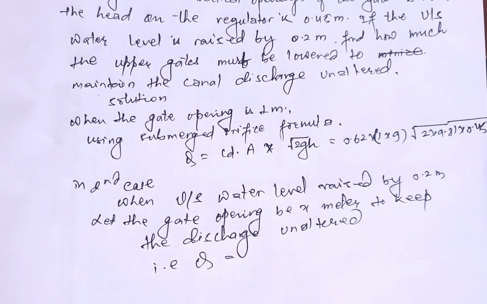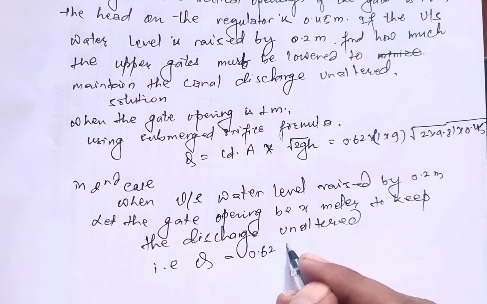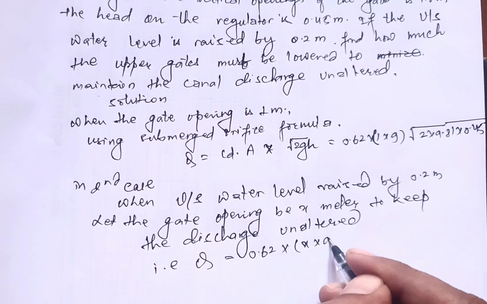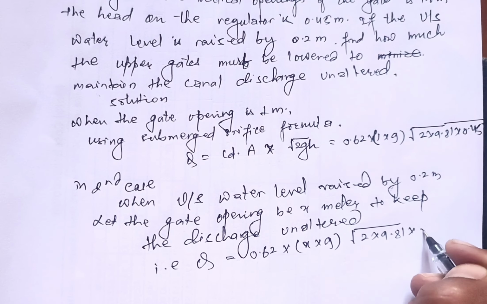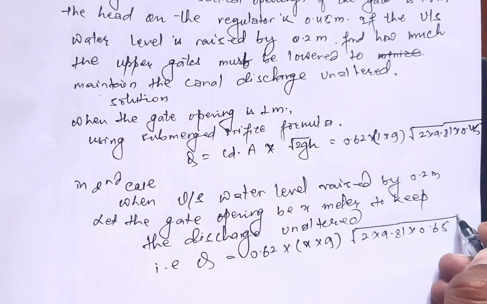Q equals 0.62 times X times 3 times root over 2 times 9.81 times 0.65.